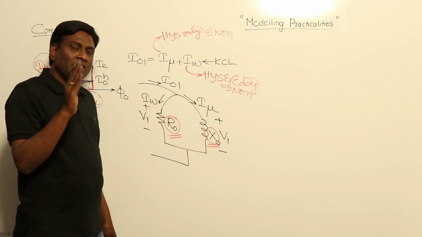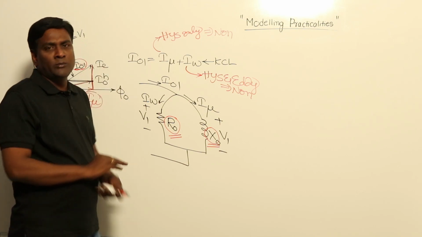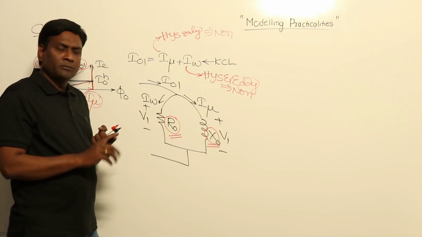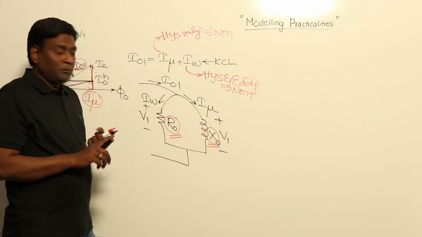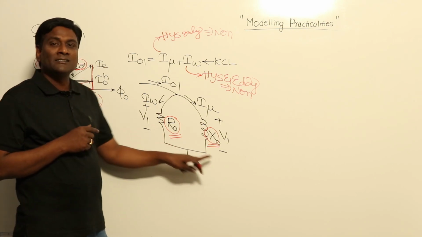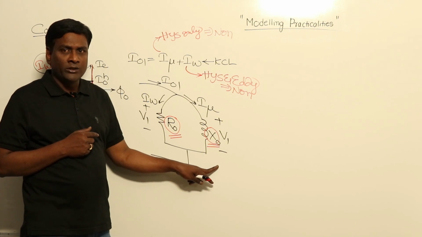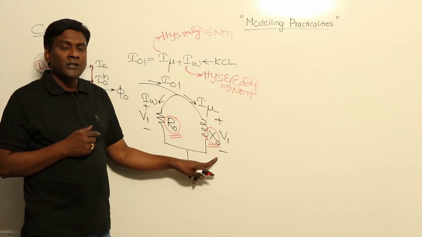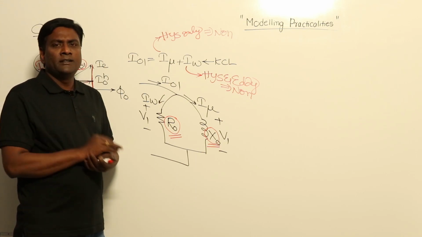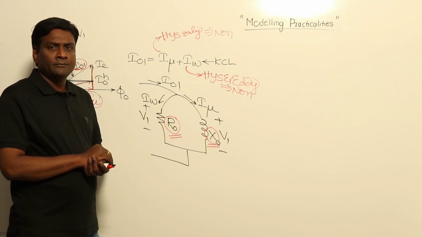In network theory, if I draw one resistance, that resistance value may be constant, but in machines it will not happen. If it is linear, component values will not change, but if it is non-linear, depending upon the operating point, my R0 and X0 values will change. How these are going to change, we will solve with problems. Let me repeat, then you will understand.